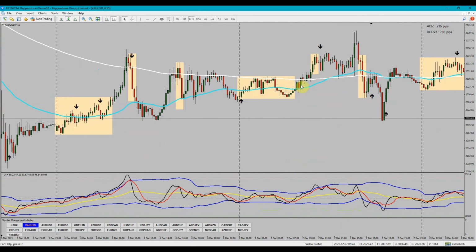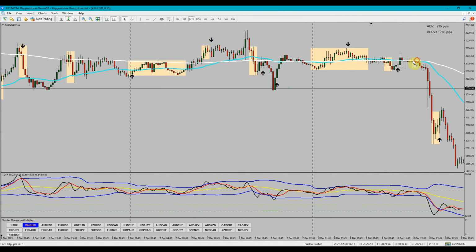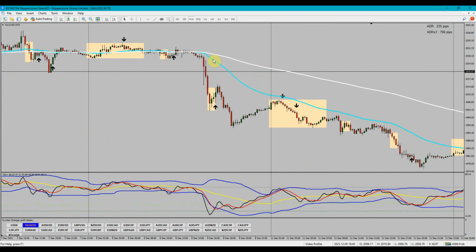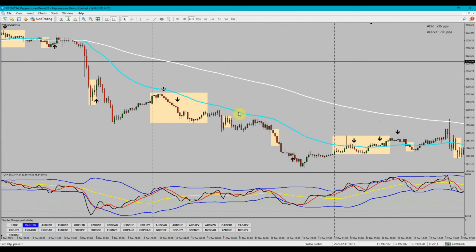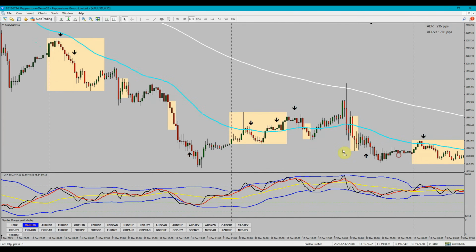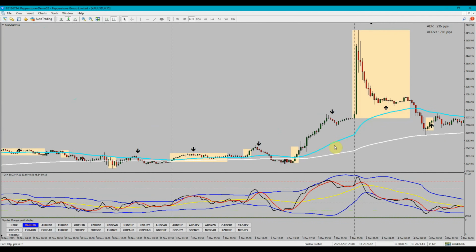Now, when you start to see the EMAs bunched together like this, I tend to stay away from the markets because I'm not sure what it's going to do. But when we see it start separating, what does it do? It sold and it sold and it rose, pinned it, and it sold. Okay, let's go back. Look at this.